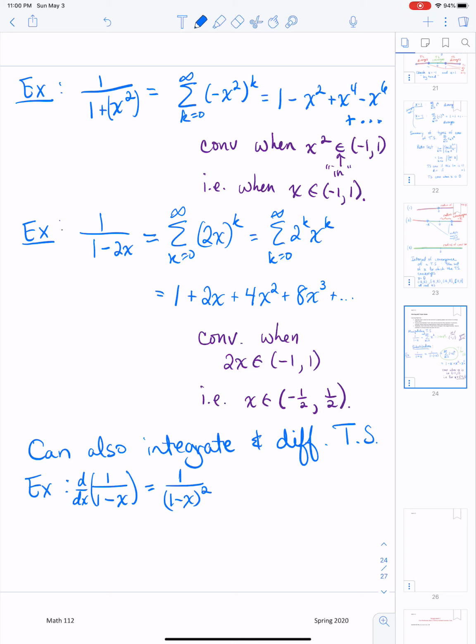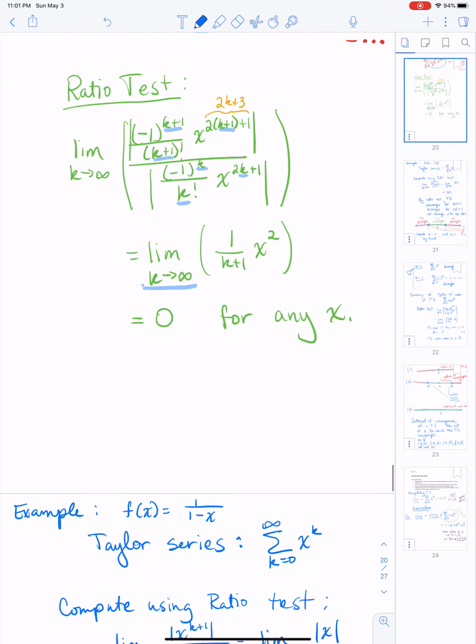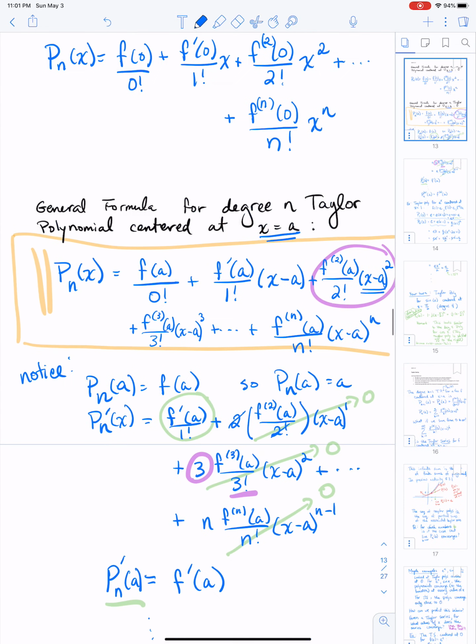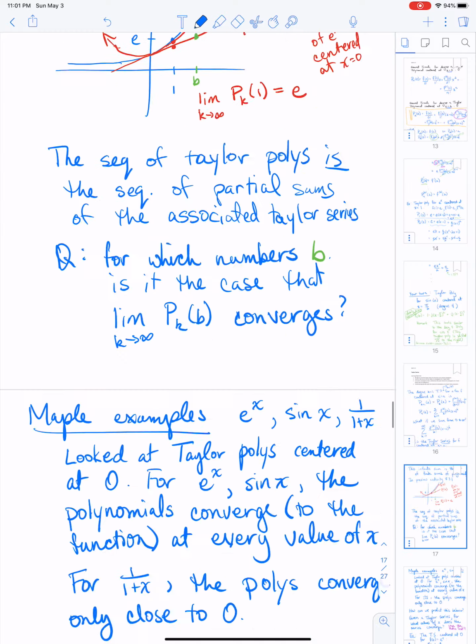So let's try to find the Taylor series for 1 over 1 minus x squared. One option would be to actually differentiate, find all these derivatives of this function, and compute by hand the Taylor series as we did way up at the beginning, right up here, using these kinds of formulas for the Taylor polynomial.